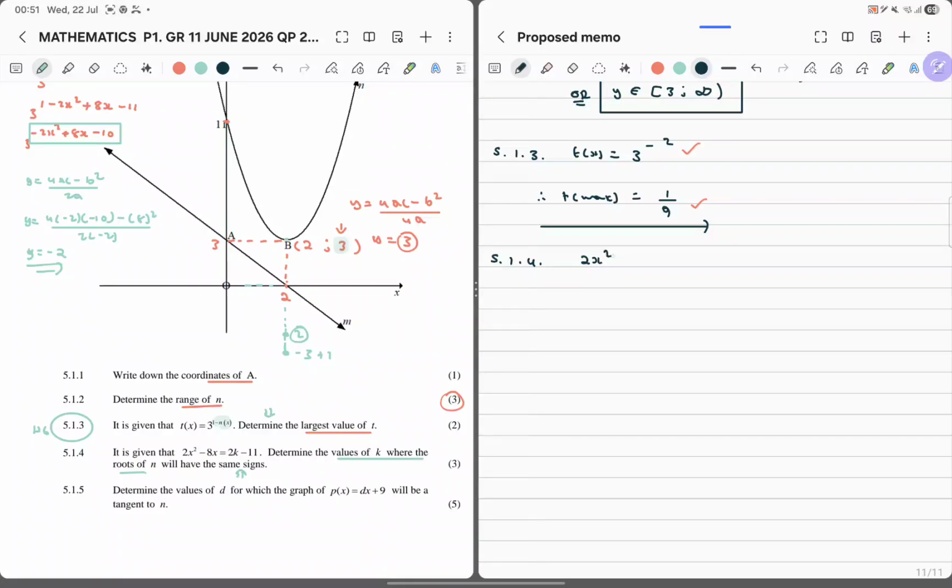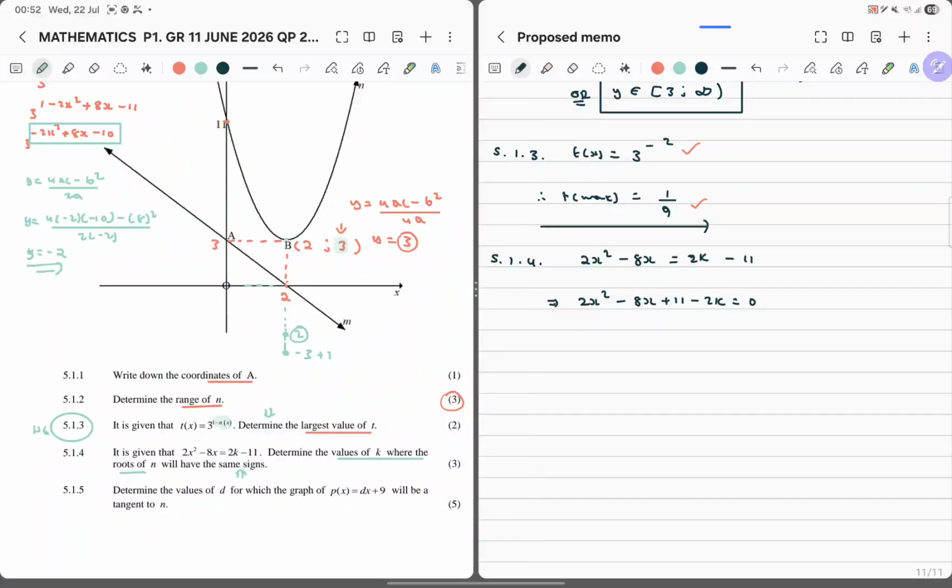This is 2x squared minus 8x is equal to, not 2x but 2k, minus 11. So we sort it out. This implies that 2x squared minus 8x, bringing these things over, plus 11 minus 2k equals 0.